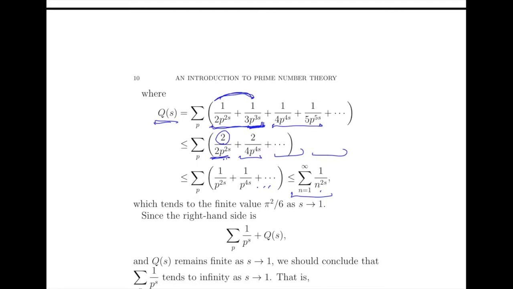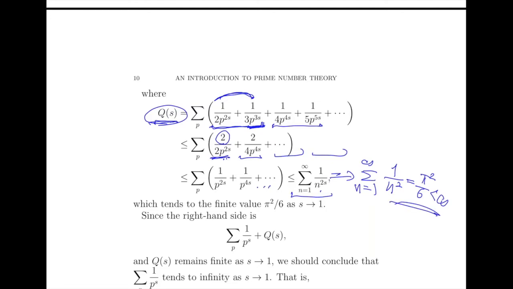But then, when s tends to 1, this tends to the summation of 1 over n squared, which is pi squared over 6, a finite number. So therefore, when s tends to 1, Qs remains finite.